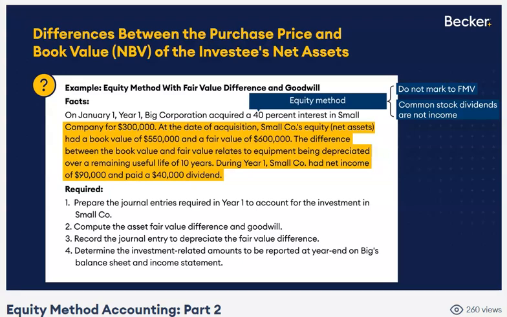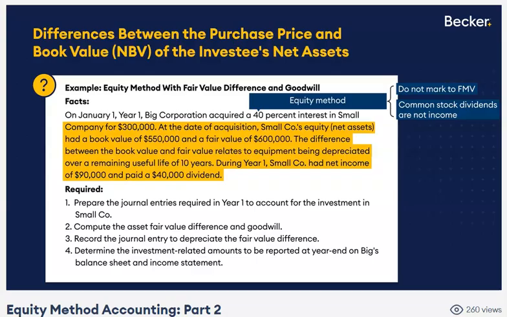Okay, now why is the fair market value of the company greater than the book value? Well, they tell me there's equipment. That $50,000 difference is due to equipment where the fair market value is greater than the book value. That equipment has a remaining useful life of how many years? 10 years. Take the $50,000, divide it by 10 years. What's the excess depreciation? $5,000 in total.